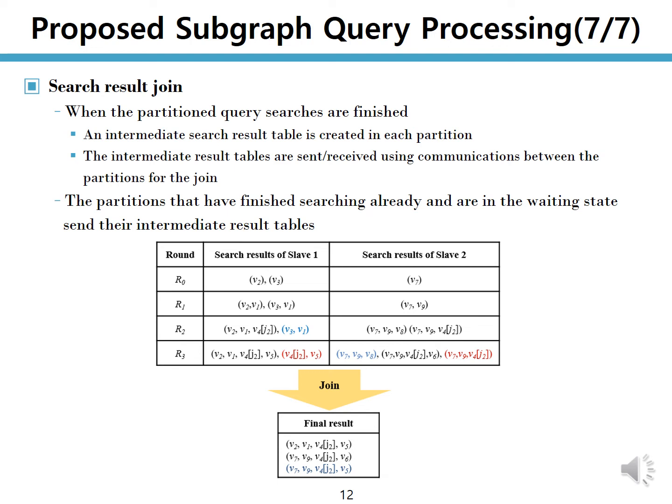The partitions that have finished searching already and are in the waiting state send their intermediate result tables if there is a next partition that has finished the search. The partition that has received the intermediate result performs the join with its own intermediate result table.